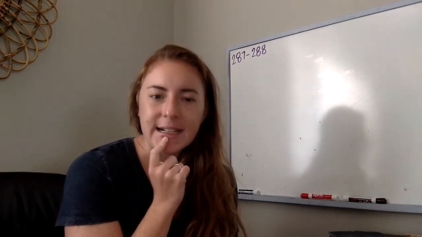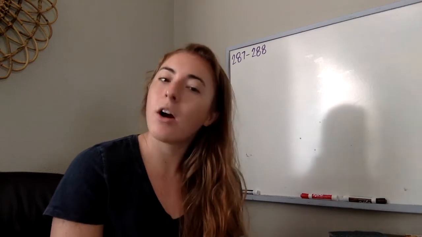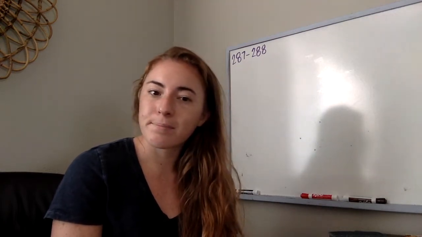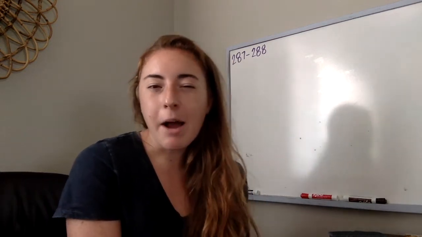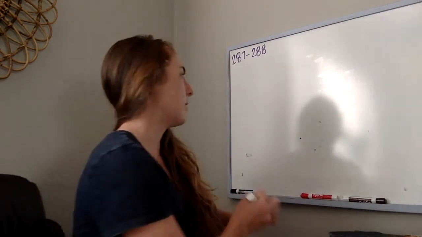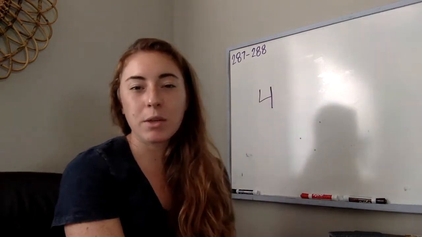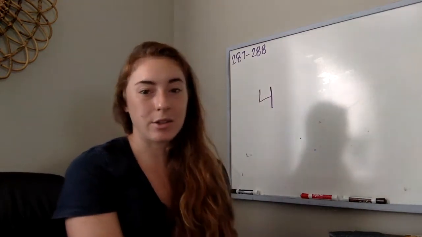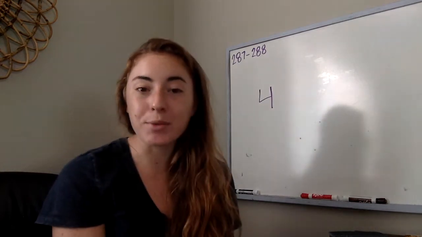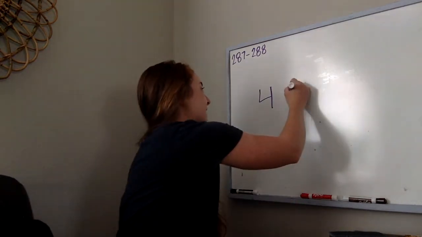How many pies did Mrs. Brown make on Monday? We need to find out. Well, first, how many pies did she make in the morning? She made 4 pies in the morning. And then do you think we're going to add or subtract those pies that she made in the afternoon? We're going to add.